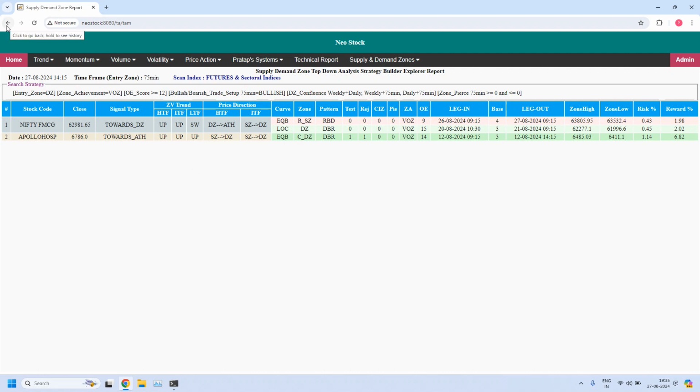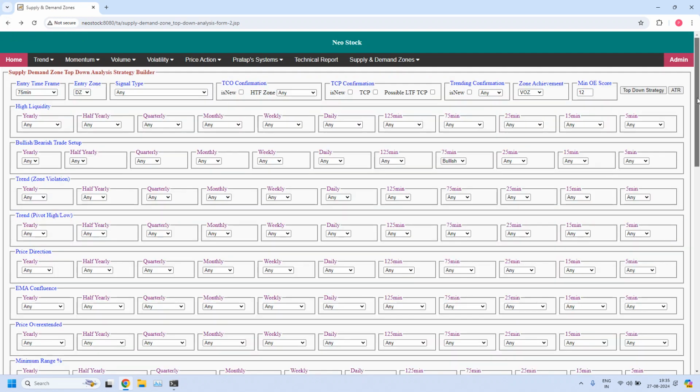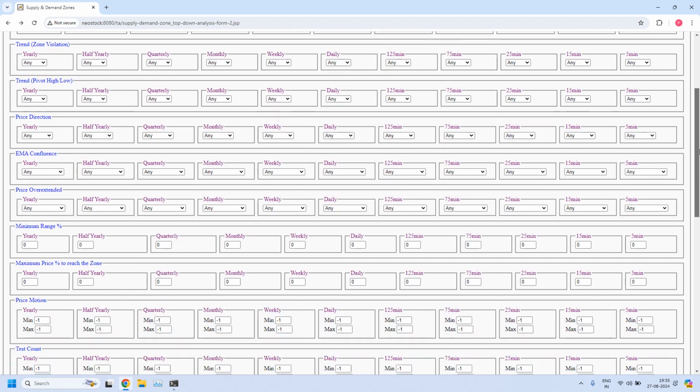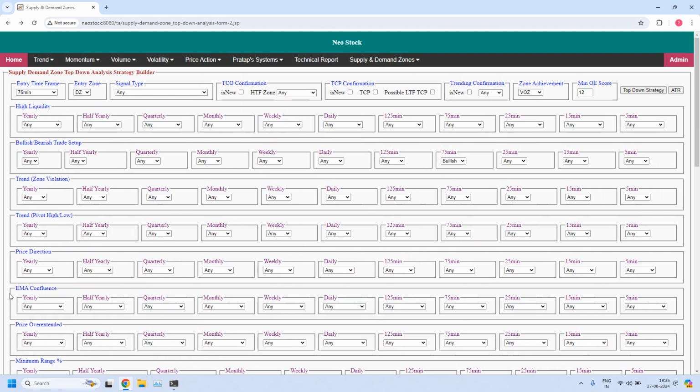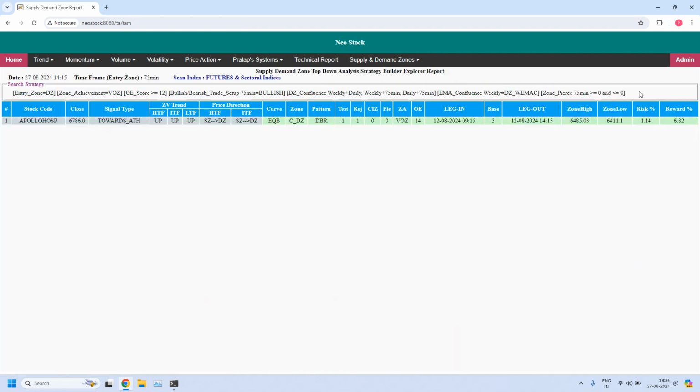Let's verify whether any one of these zones has weekly EMA confluence. Here we have EMA confluence on the weekly time frame. The weekly demand zone is having weekly EMA confluence. Let's filter. So one stock, Apollo Hospitals, the zone is having weekly EMA confluence.